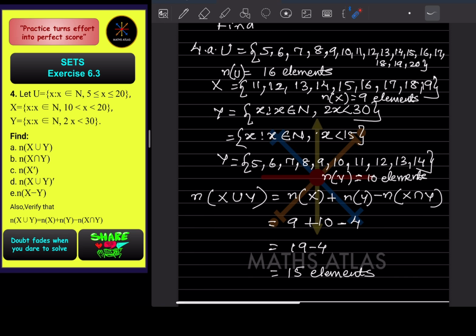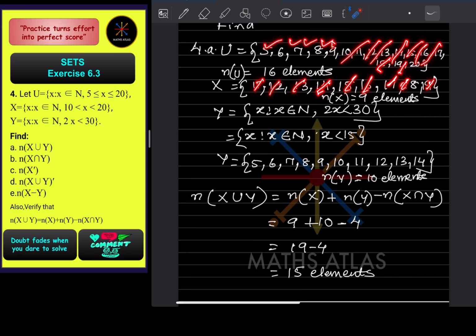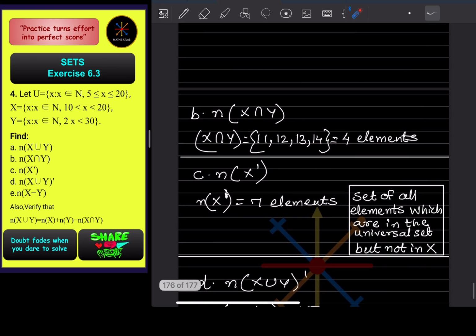So this and this get cancelled, 12, 13, then 14, 15, 16, then 17, 18 and 19. So now what is remaining here? 1, 2, 3, 4, 5, 6 and this 20. So there are 7 elements remaining. So we can say n of x complement is going to be 7 elements, because it is the set of all elements which are in the universal set but not in X.